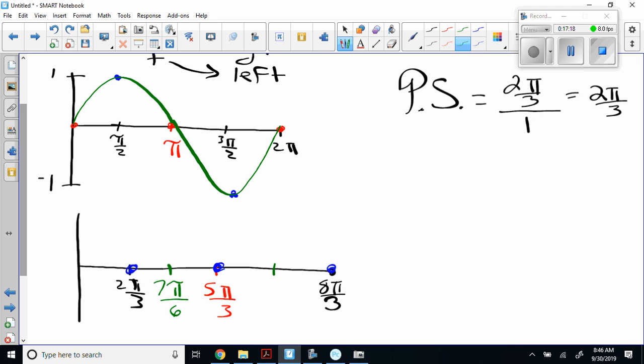Okay, 7 pi over 6. Now, what is 5/3 plus 1/2? How much? 13 pi over 6.